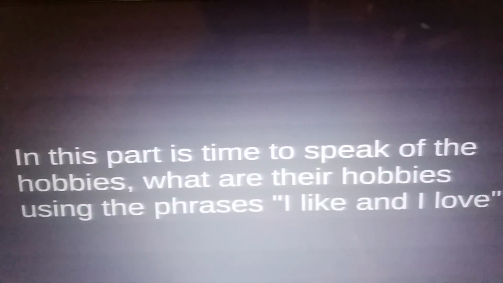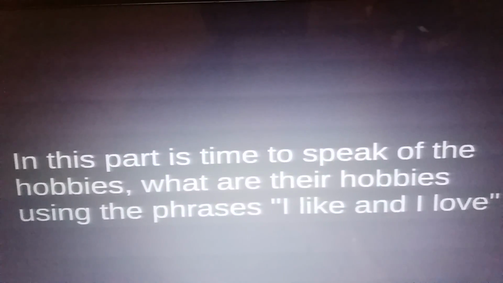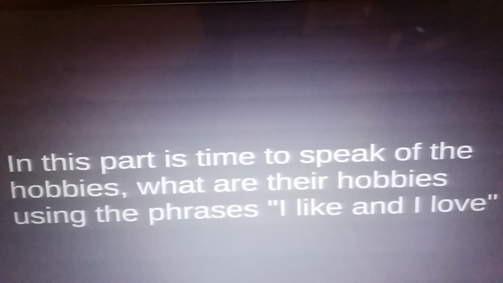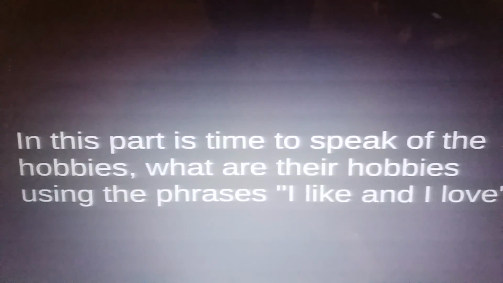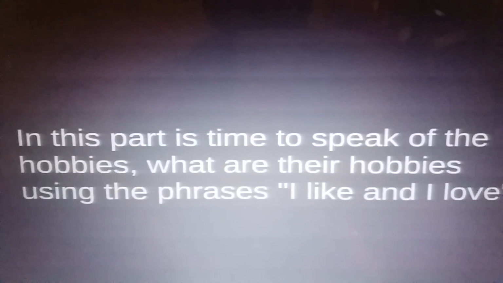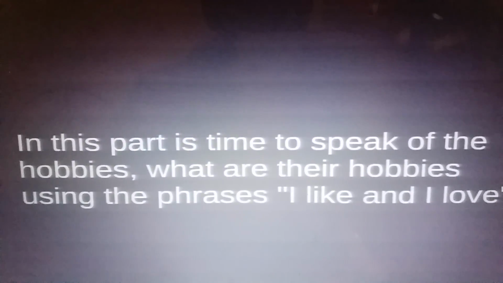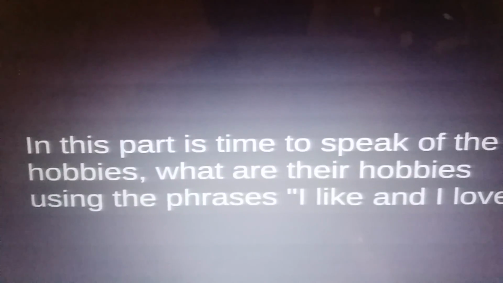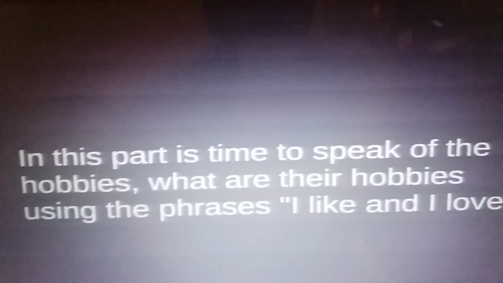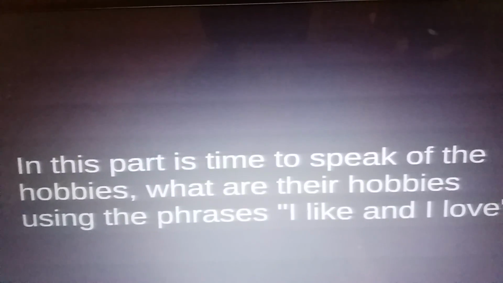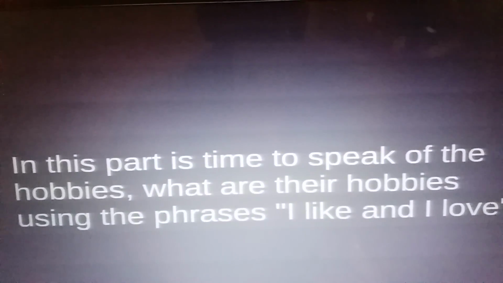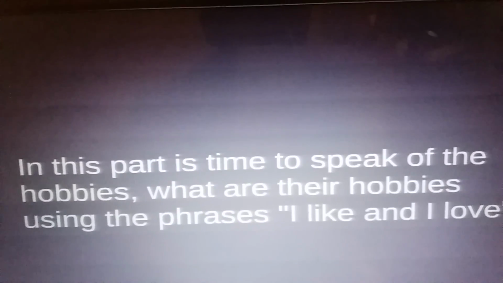The next stage is related to the hobbies. In this part, it's time to speak of the hobbies, using the phrases "I like" and "I love." For example, in my personal presentation, I like to play football, but if this is the favorite thing that I like to do, I can say I love to play football.